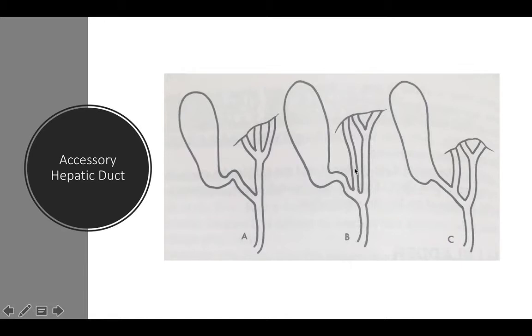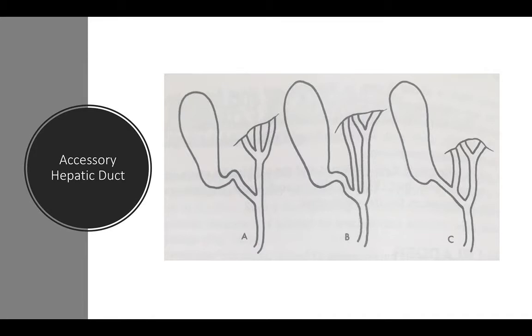In B, here's another accessory duct. And in C, there's an accessory duct. It doesn't really matter where these ducts drain to. That's almost irrelevant. But you can see how damaging these accessory ducts probably most commonly can cause problems with bile leak postoperatively.